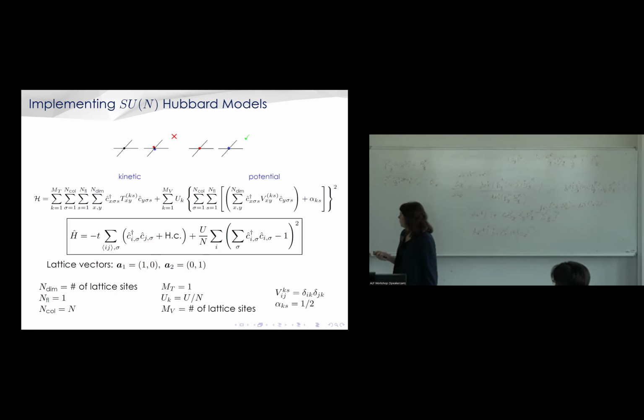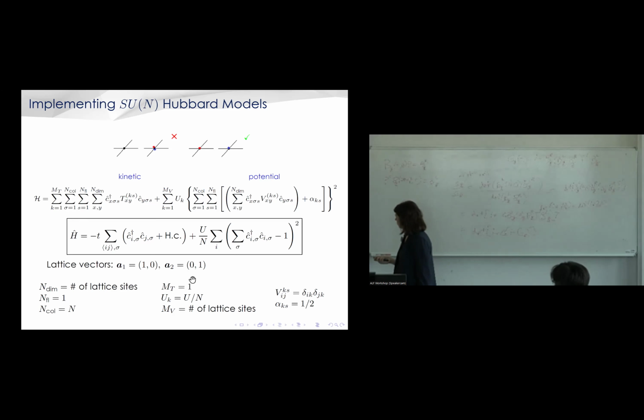The number of flavors, on the other hand, that's this s index. You can see that you can have different interaction pieces depending on what your s value is, so the flavors themselves are different. In the case of this decomposition, all of these are identical, so the number of flavors is set to 1 here.